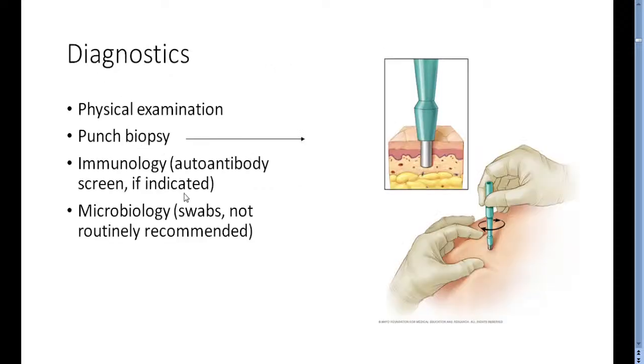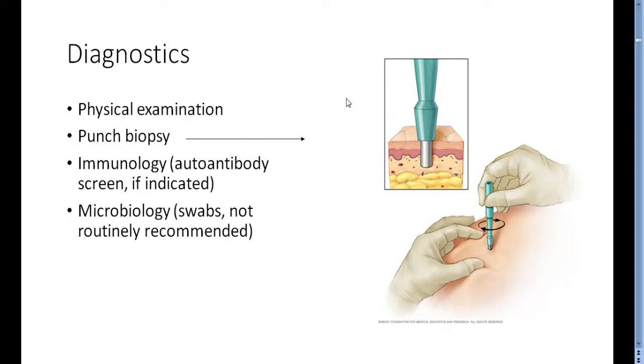As I mentioned before, biopsy is the critical point of diagnosis of any vulvar dystrophic disorder. So you can do an excisional biopsy or a punch biopsy like shown on the screen.